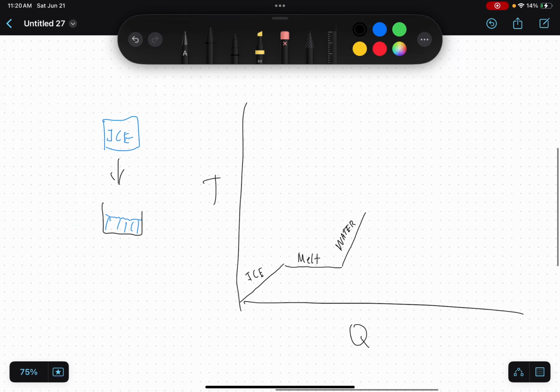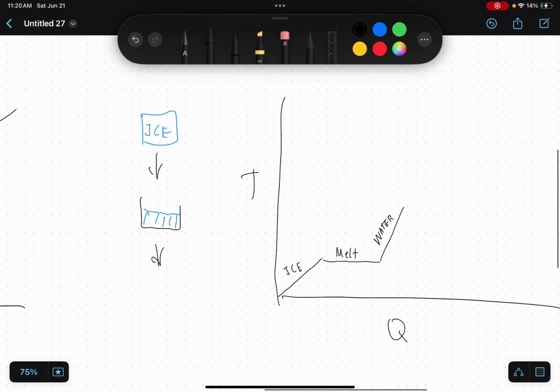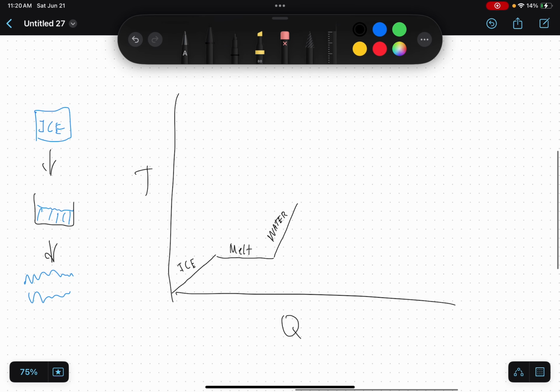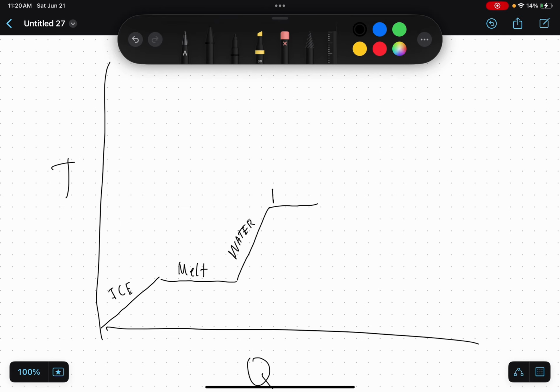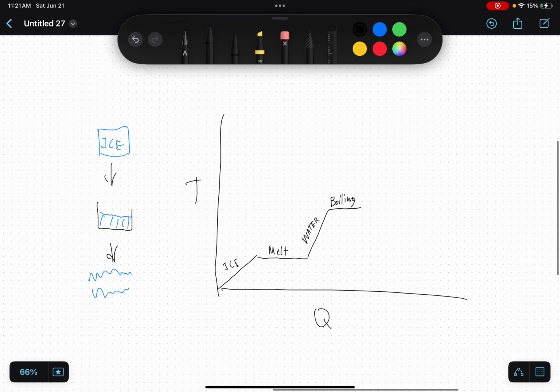All right, and then the water will turn into just steam. And again, that process of boiling is going to be flat. It's going to be at a constant temperature. And then you can heat up the steam all the way to infinity.